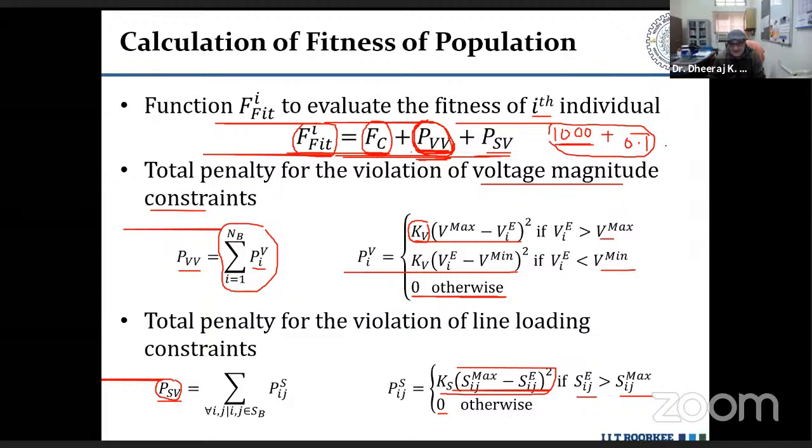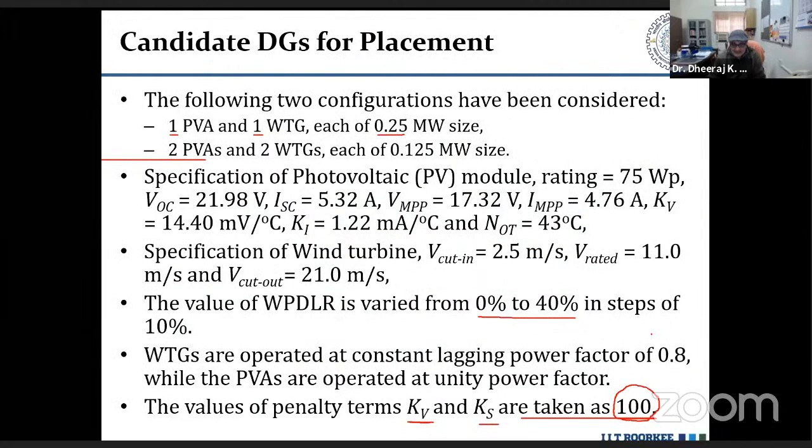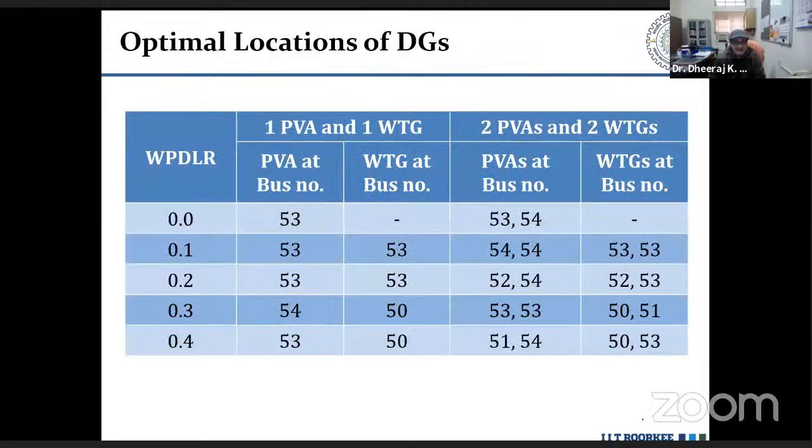Like if we have 100, the total will be 1100, so there is a significant difference. So both penalty terms are taken as 100.